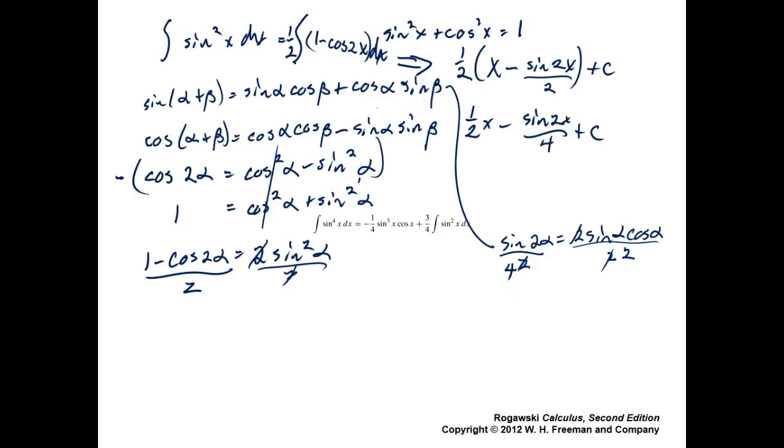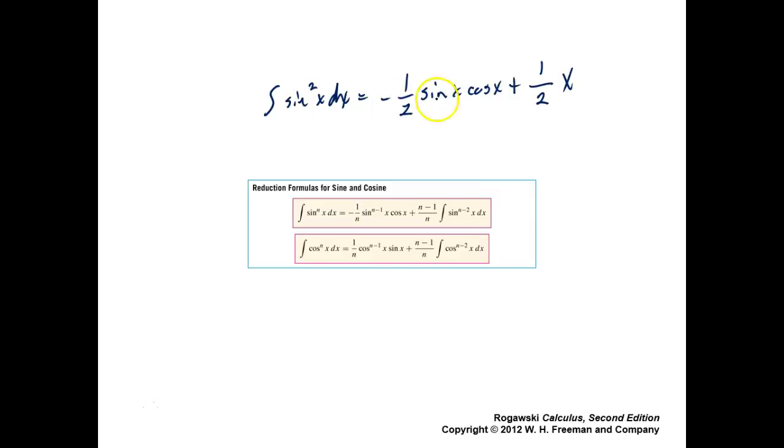Now I have sine alpha cosine alpha over 2 is equal to sine 2 alpha over 4, right? Here I have sine x cosine x, so this would be minus sine 2x over 4.